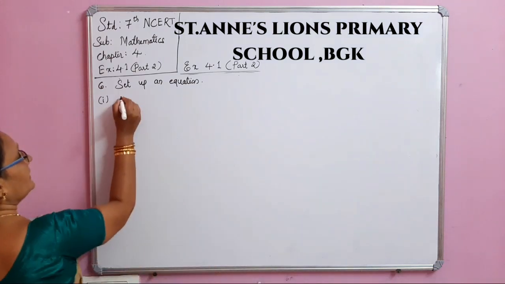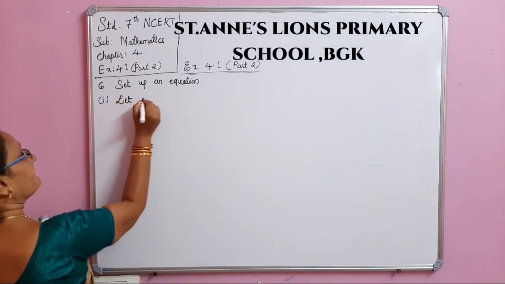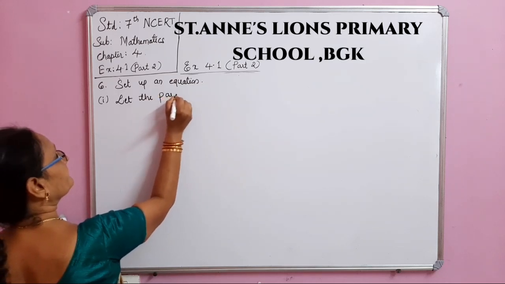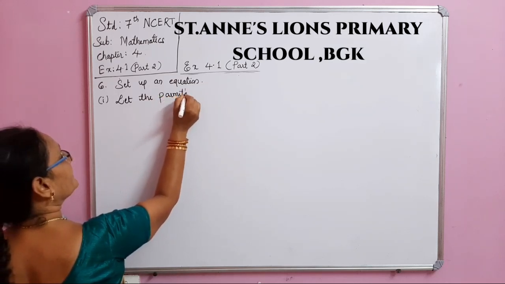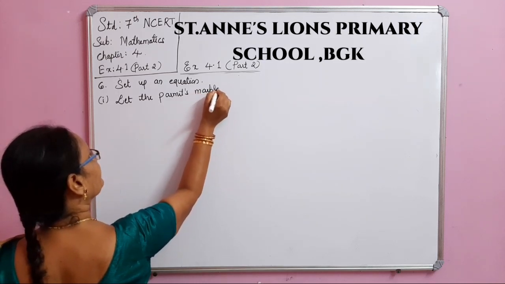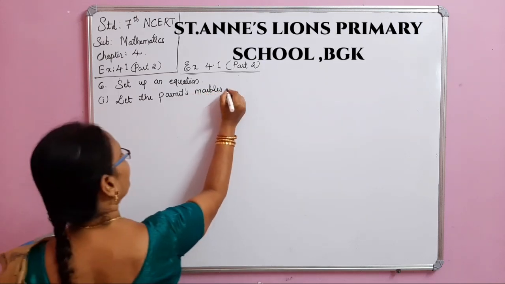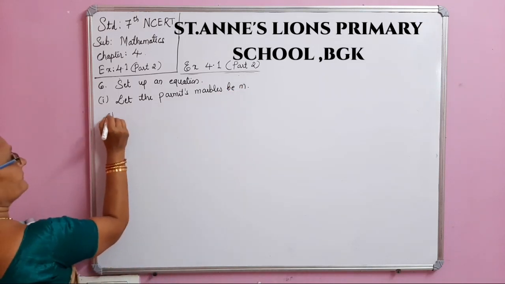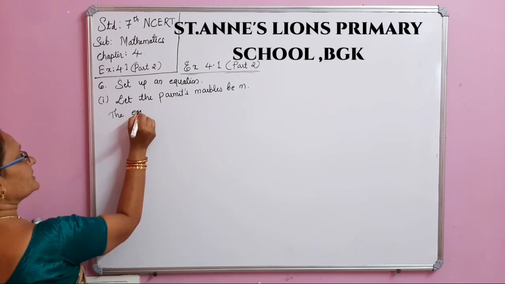Okay. Let the Parmit's marbles be m. Then the equation.